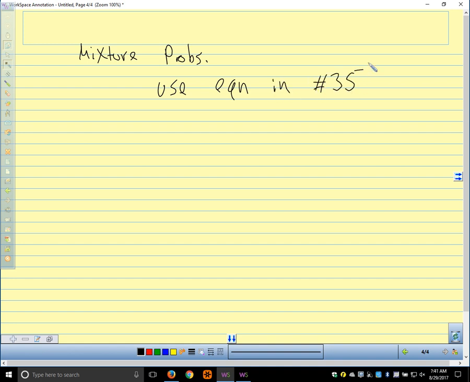In number 35, they'll say, given these conditions, the differential equation that this mixture satisfies is such and such. It'll give you the quantities and concentrations. Use the equation that they give you in number 35. Don't come up with it on your own. There's an example in the book, example number 5 on page 427.